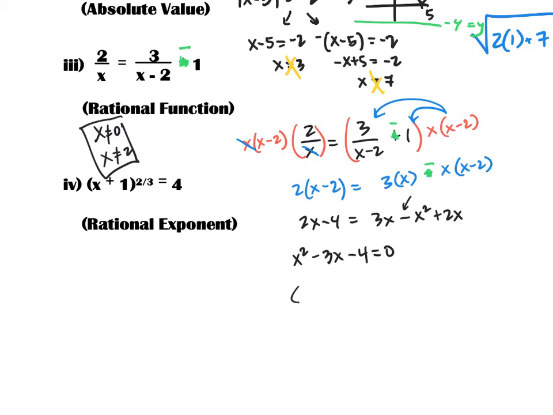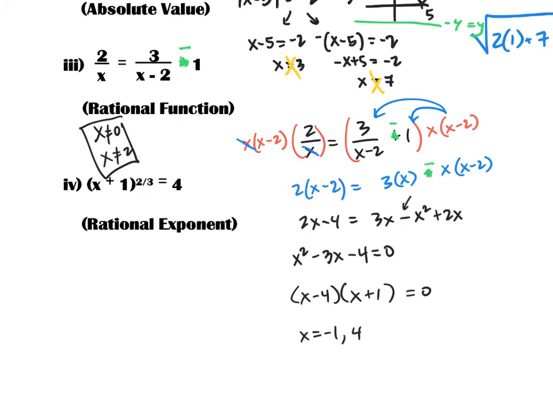Okay, it looks like this is factorable. I like what I see. So what I would do is find two numbers that multiply to -4 and add to -3, which would be -4 and a +1. So x would equal -1 or x could equal +4.